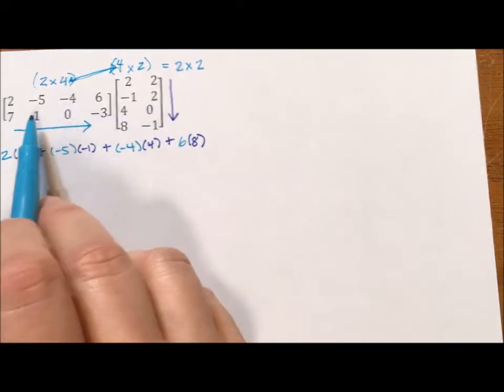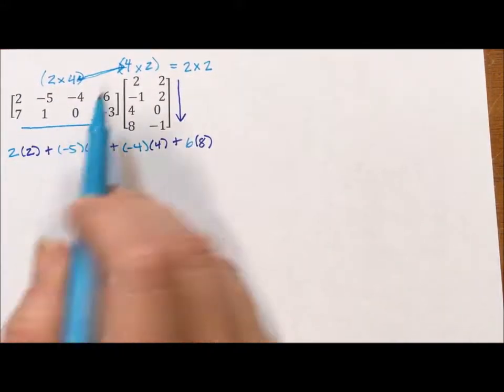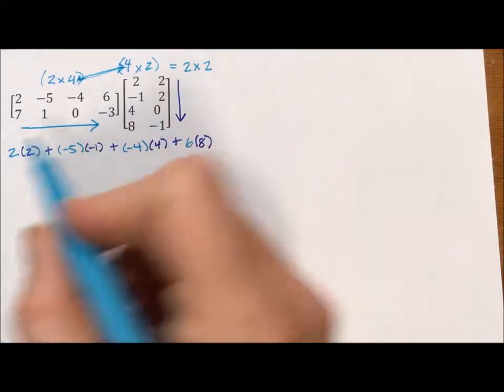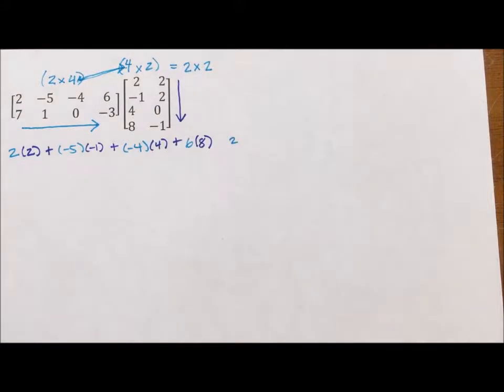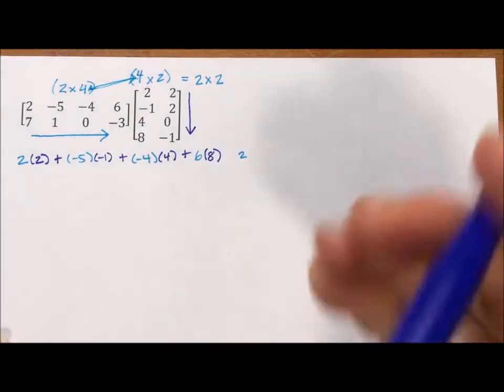Okay, so for the first row, second column, I'm going to do the same thing. I'm going to take this 2 and multiply to it this 2.